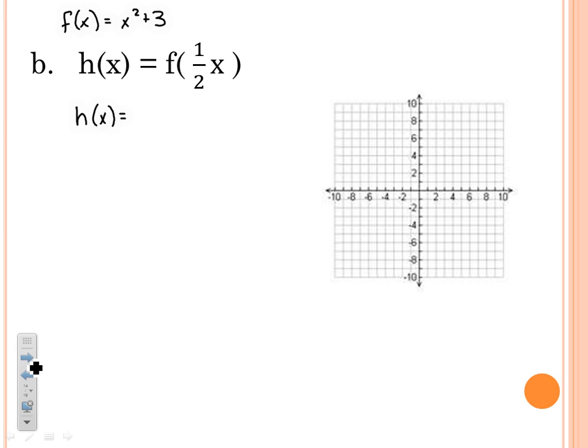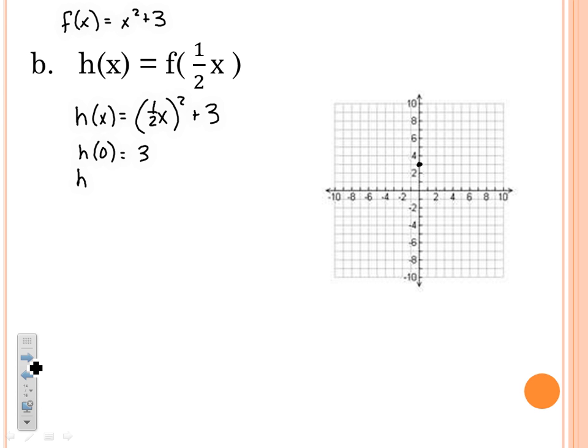Instead of an x squared, we're going to have a (1/2 x) squared plugged in. So now let's try h of 0 first. That's going to give us 3. So that plus 3 on our first function, x squared plus 3, shows there. So we had a vertical shift going on of 3. But now let's come up with a couple more values.